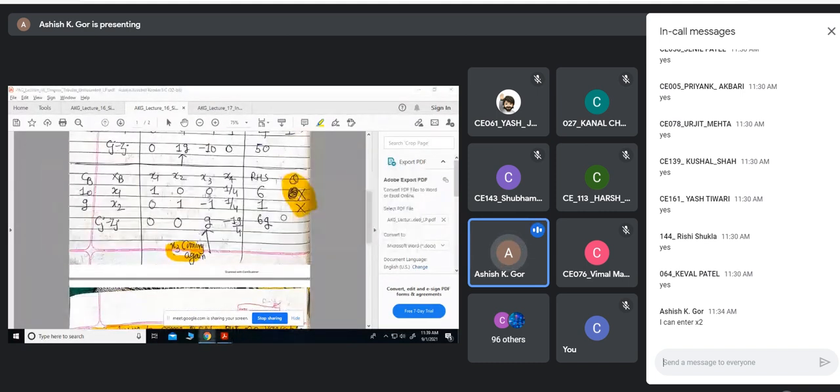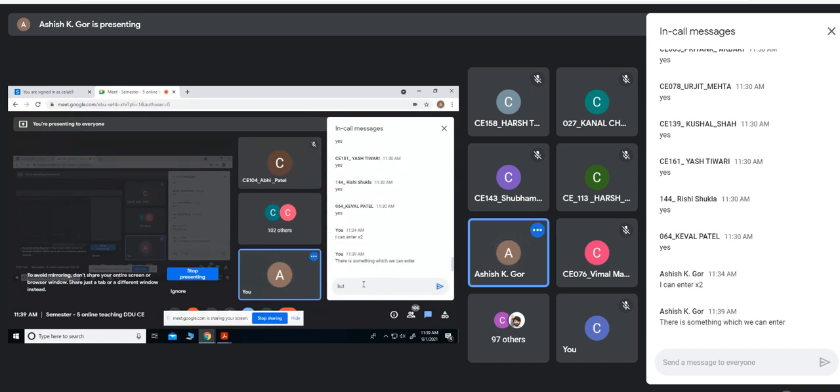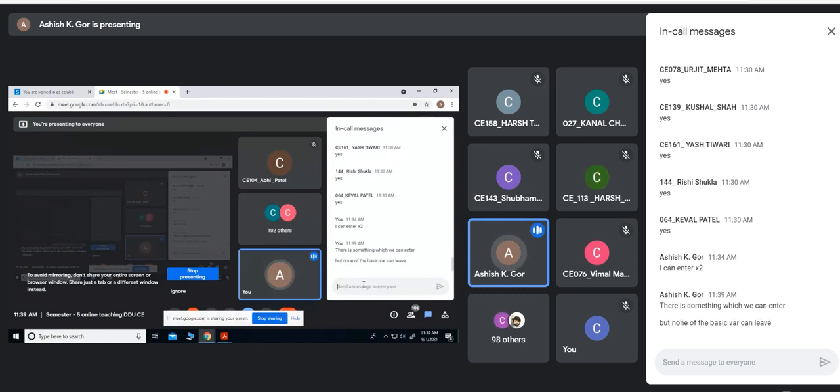Okay, so this is the criteria. Remember the rule, or you can say the method, to detect unboundedness. If there is some variable which we can enter, but none of the basic variables can leave, so a variable is trying to enter the solution but no variable tries to leave the solution.